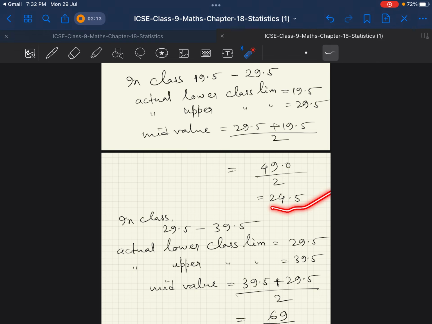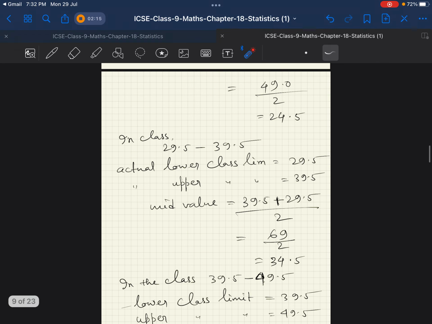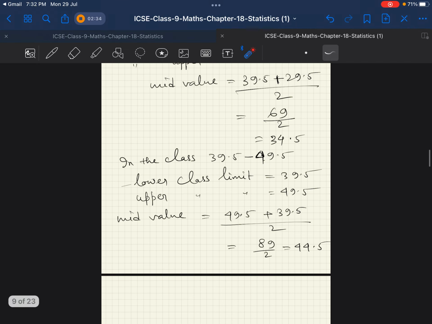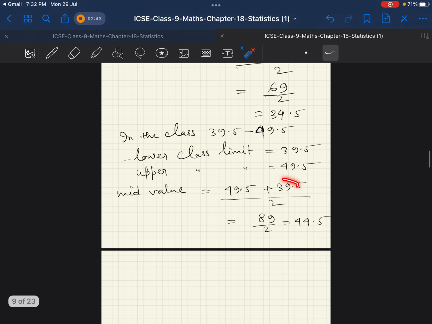So this is 49 by 2, this is 24.5. In the class 29.5 to 39.5, the actual lower class limit is 29.5 and upper class limit 39.5. Mid value is 39.5 plus 29.5 by 2. So this is 69 by 2, so 34.5.